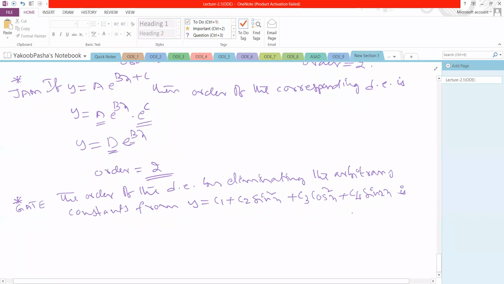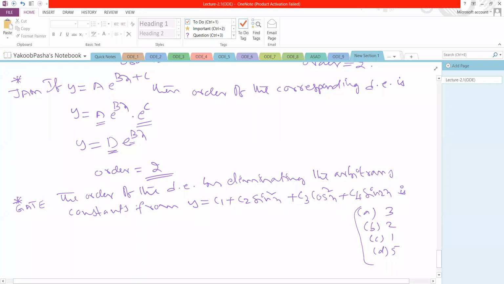We have options here: option A 3, option B 2, option C 1, option D 5. But we have c1, c2, c3, c4, four arbitrary constants.